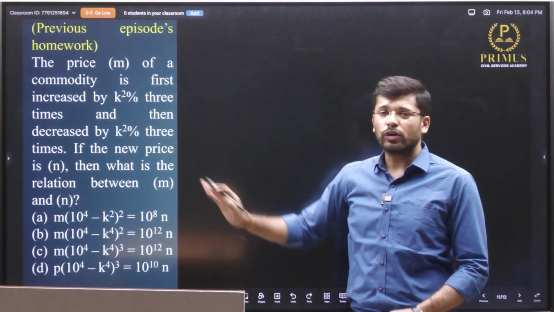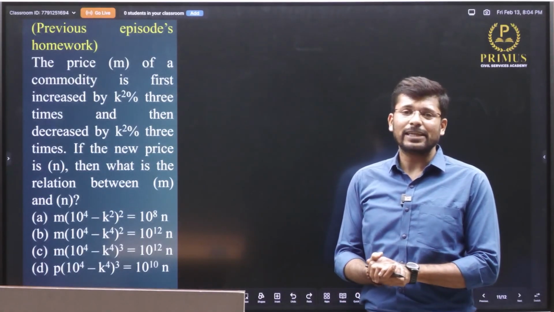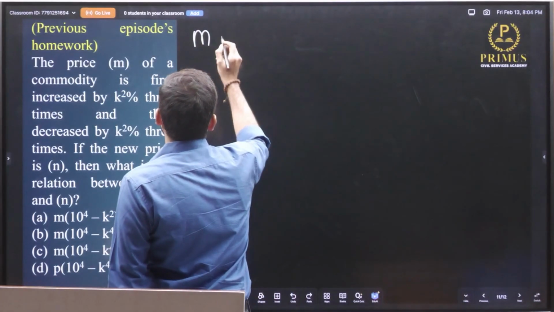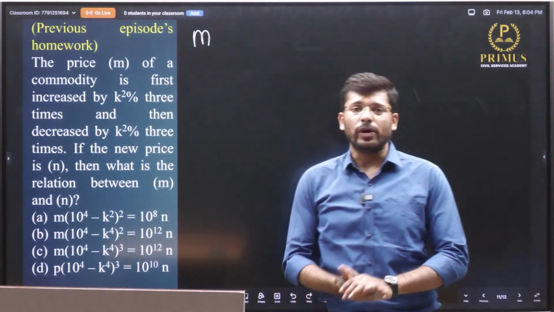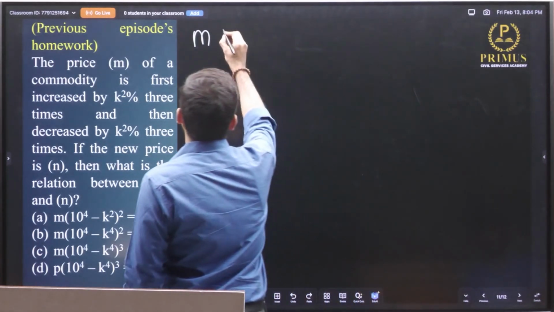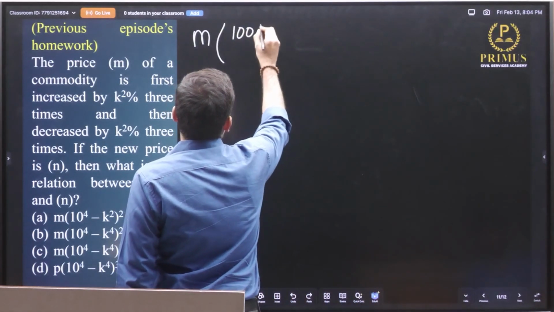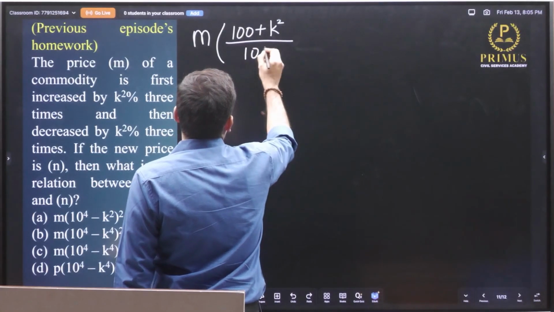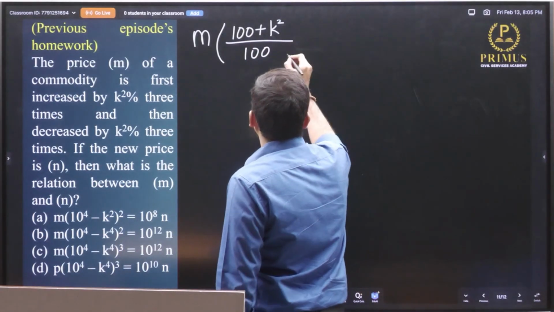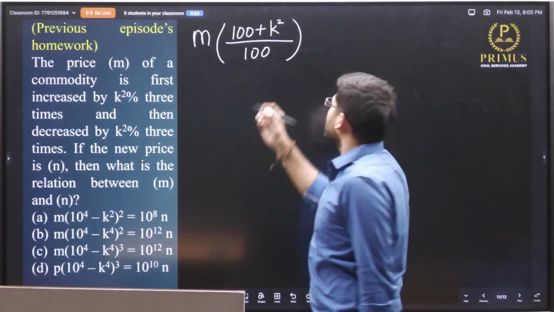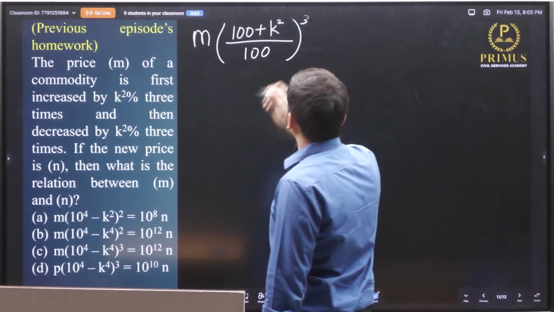Again, this is dependent on the concept of percentage increase and percentage decrease. So M is the initial price of the commodity. If you increase it by K square percentage, its value will be 100 plus K square divided by 100. And if you repeat it 3 times, it will be just the cube of it, that's all.